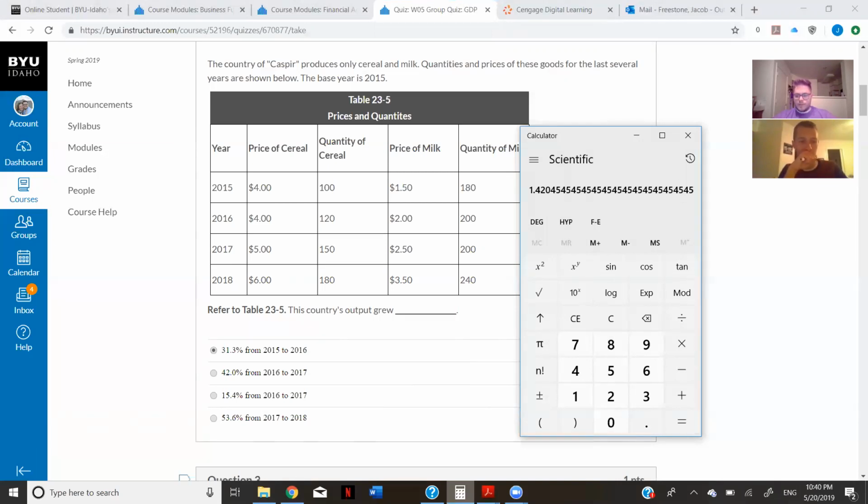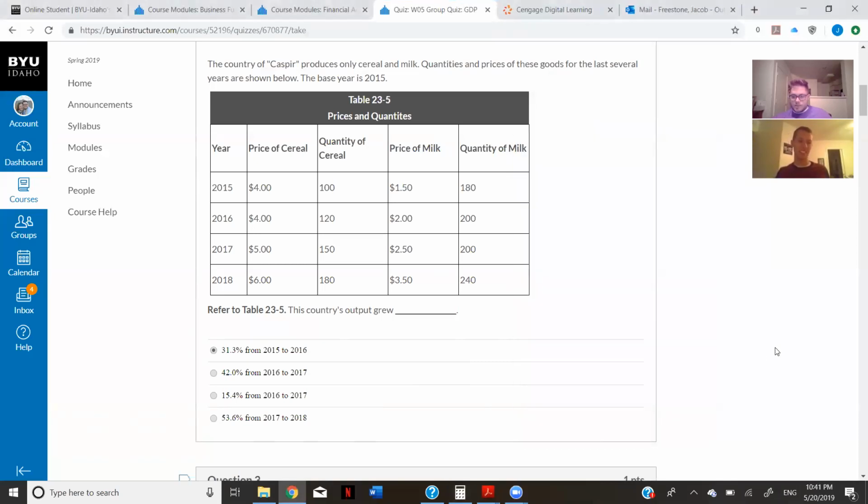So it's definitely not C. And I did the math on D, and it wasn't D either. It was supposed to be like 60%. It was only 53. So unless I did the math wrong on the first one, 4 times 100 plus 1.5 times 180 is 670. So 880 divided by 670 is 1.313. So I'm just going to stick with A because it's right.